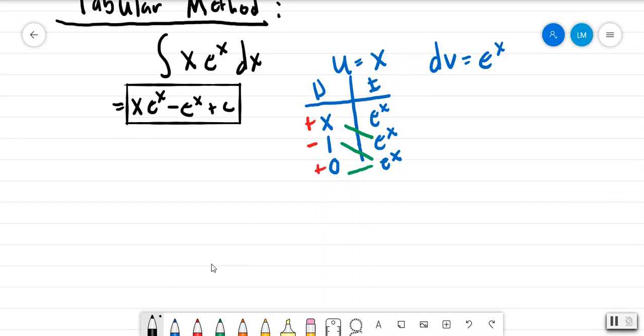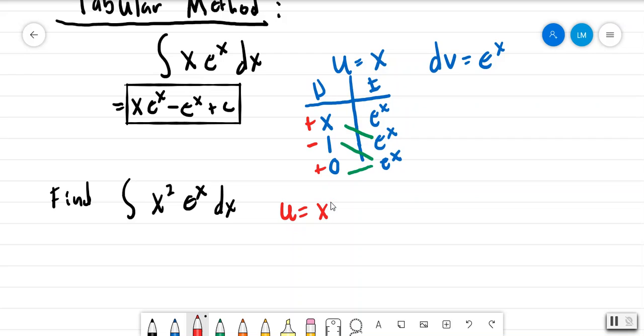Now let me try another example. For instance, if we have the integral of x squared e to the x dx. Well, this is essentially the same thing. You have that u is equal to x squared, and dv is equal to e to the x.